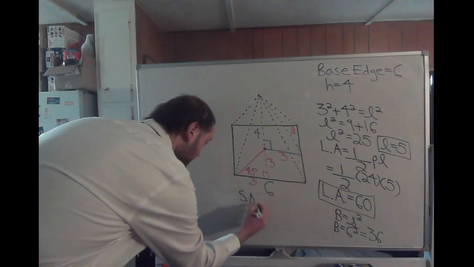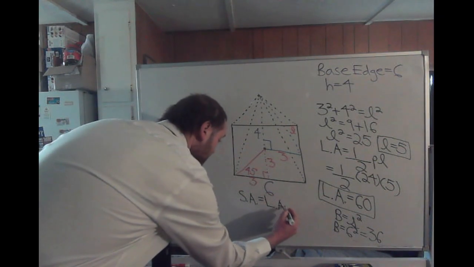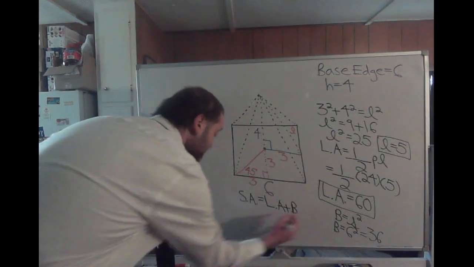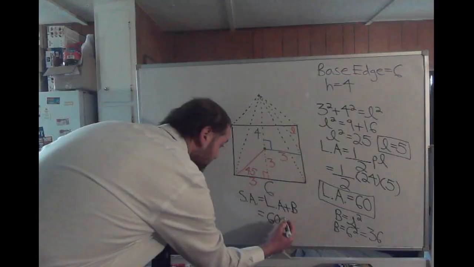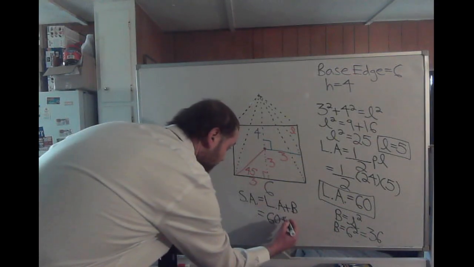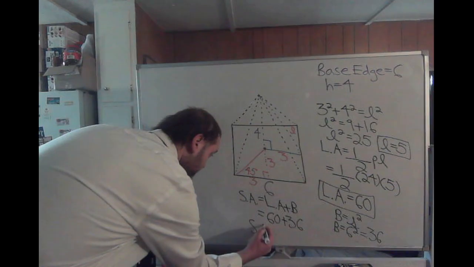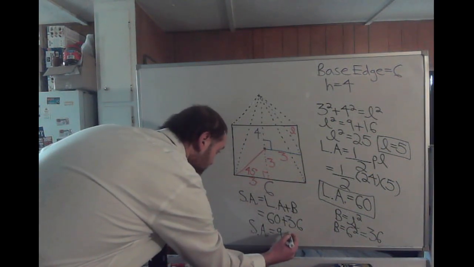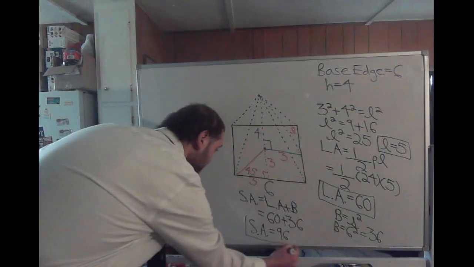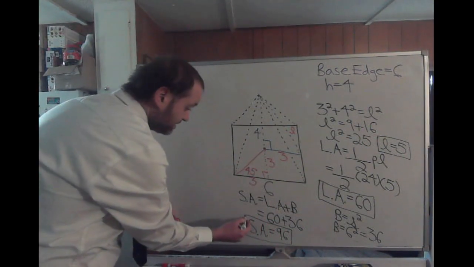The surface area, of course, is equal to the lateral area of the pyramid plus the area of the base, which the lateral area was 60 square units, then the area of the base was 36 square units. So I should get a surface area of 96 square units. So the surface area of this pyramid is 96 square units.